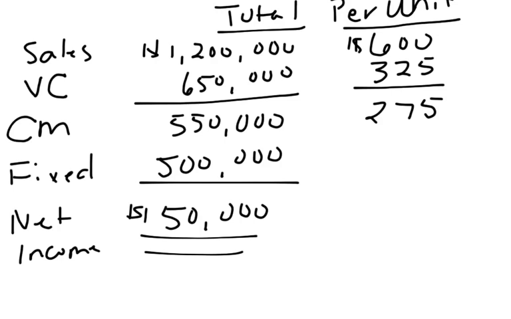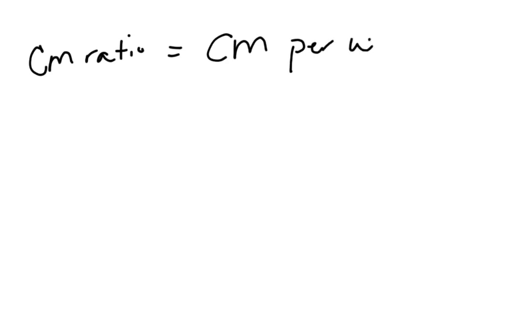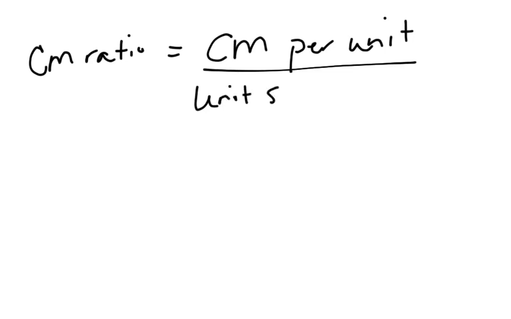Another way that we can use contribution margin is as a ratio. Contribution margin ratio is just stating the same thing but as a percentage. So what we would do is figure out our contribution margin per unit, or unit contribution margin, and divide it by our unit selling price.